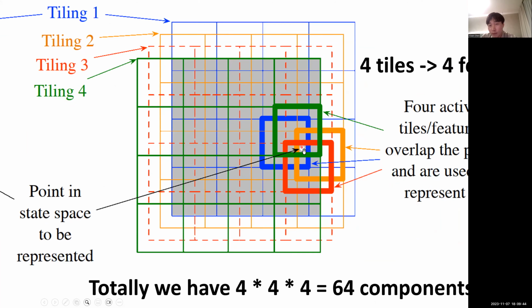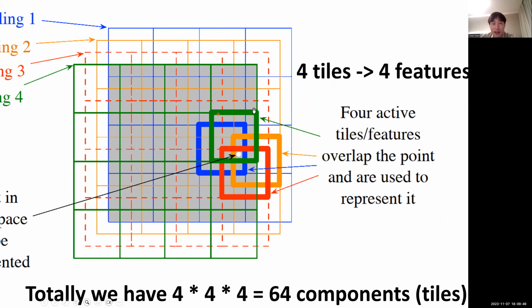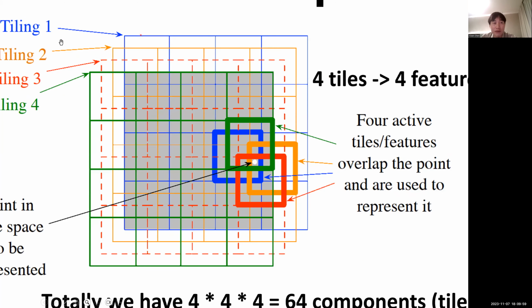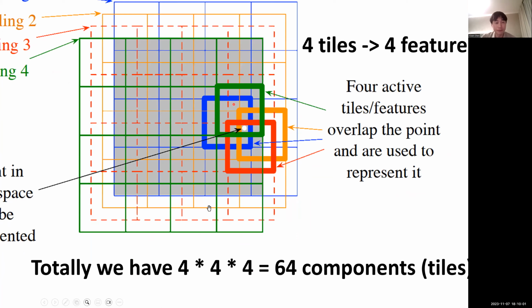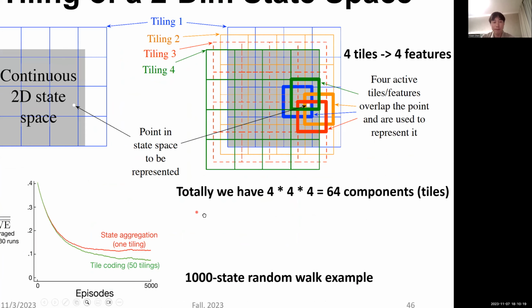So for a particular state point, it will be represented by 4 tiles. Each one is called a tile, also a feature, meaning this one particular state will be represented by 4 tiles in these 4 tilings. Totally, we have 4 times 4 times 4, 64 component tiles or 64 features to represent each small state in the target space, right?